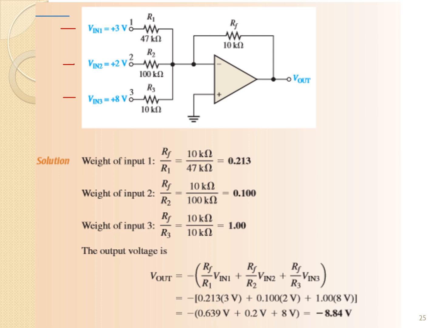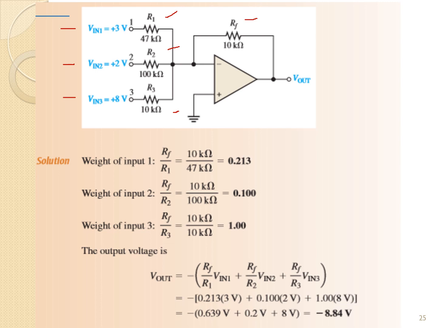Now for R1 the value is 47K, R2 is 100K, and R3 is 10K, while our reference RF is equal to 10K.